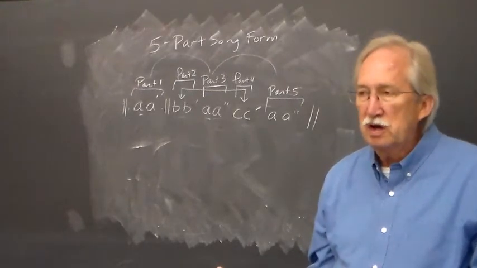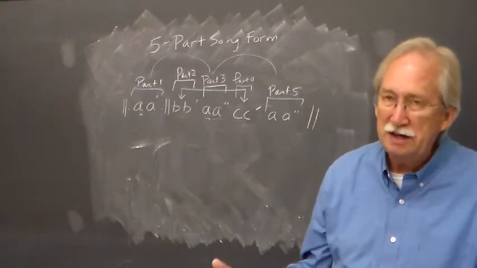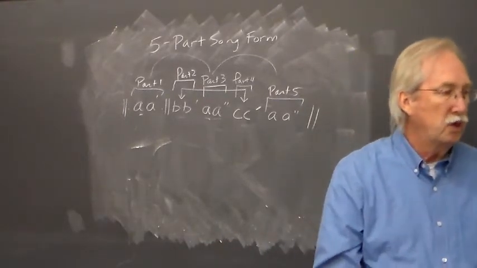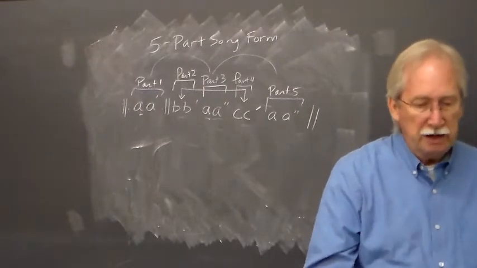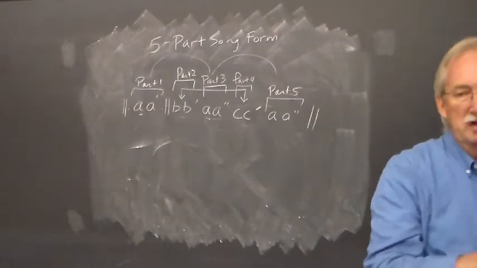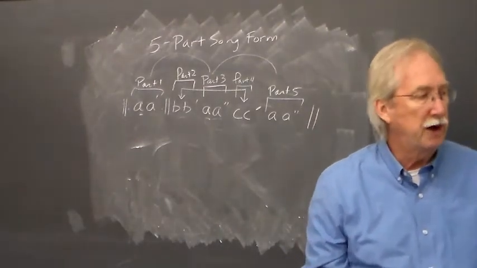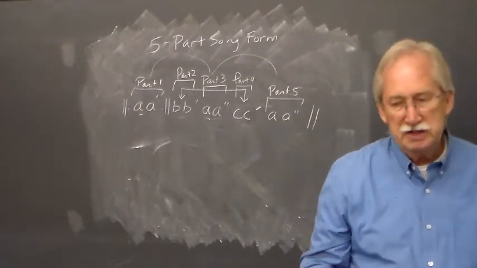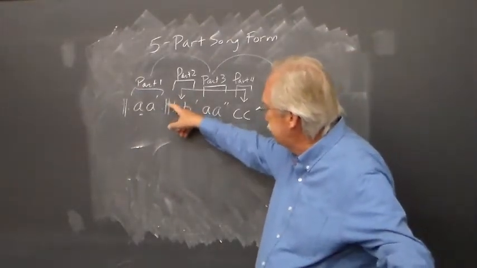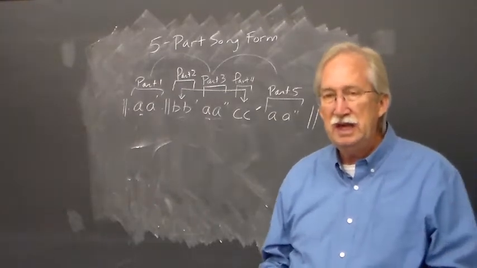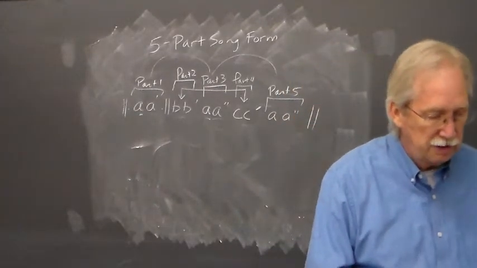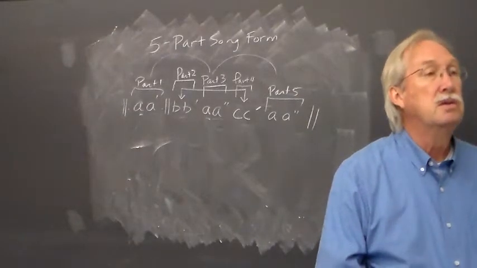So you can use enlarged for 2-part, expanded is what's in the textbook, but you could use enlarged too, or even extended. But at any rate, don't use that term enlarged for 5-part song forms. And just remember that if you have the use of double bars, that's always going to indicate the end of a part. Okay, so that's our basic rule of thumb with that.